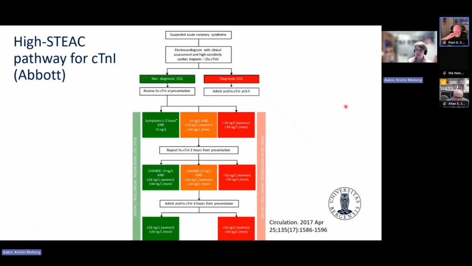This is from the High-STEACS study, where they have suggested cutoffs using troponin I and troponin T. I show here the troponin I pathway, but they have a similar one for troponin T. And this is very similar to the ESC guidelines, but it's a little bit different. So I think both can be used, similarly good, but it just depends on what is practical in your hospital.